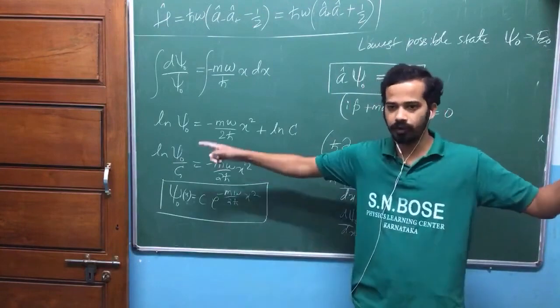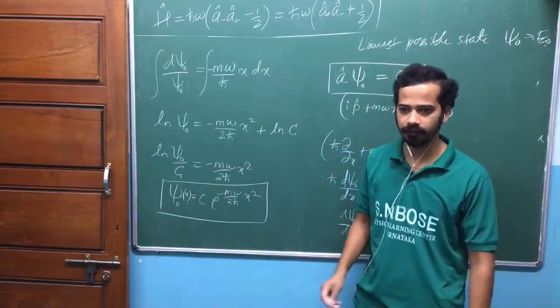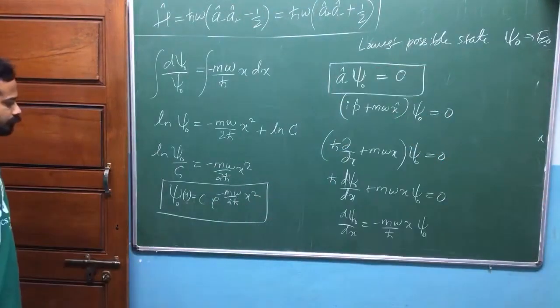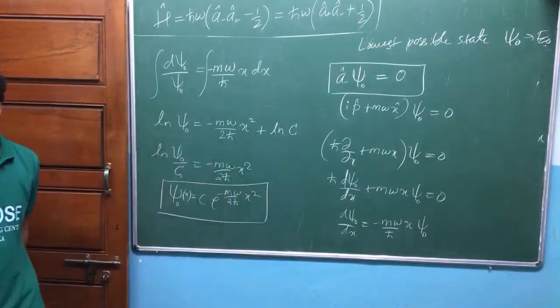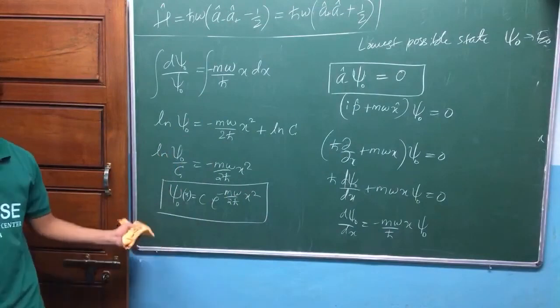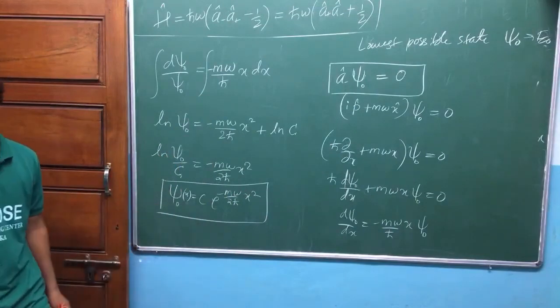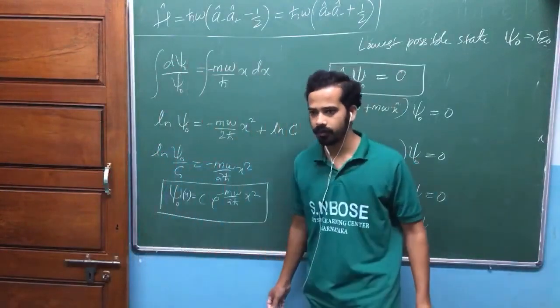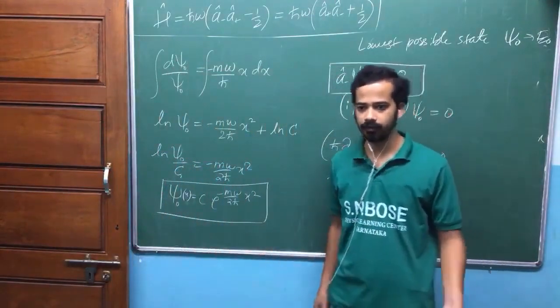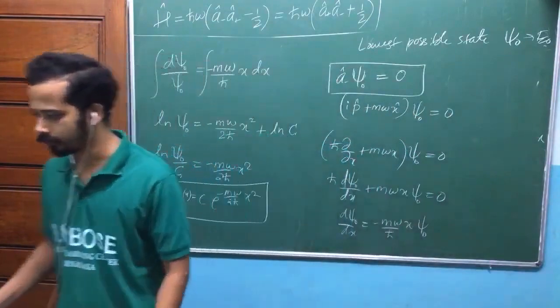It will go to 0 as x tends to plus infinity and minus infinity. Am I right? Normalizable. You got a ground state wave function. Can you just normalize using integration? The range of interest here in the harmonic oscillator is minus infinity to plus infinity, not just like in the case of particle in a box.